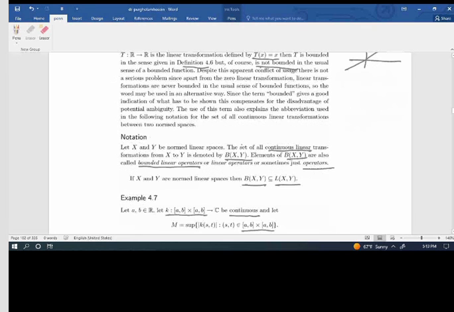Notation: let X and Y be normed linear spaces.